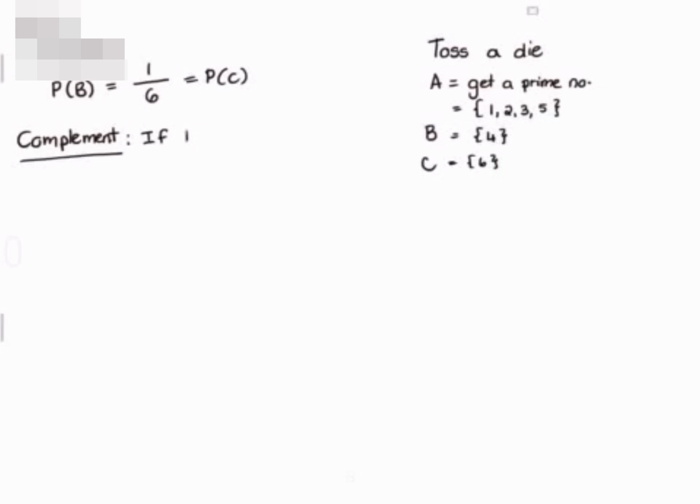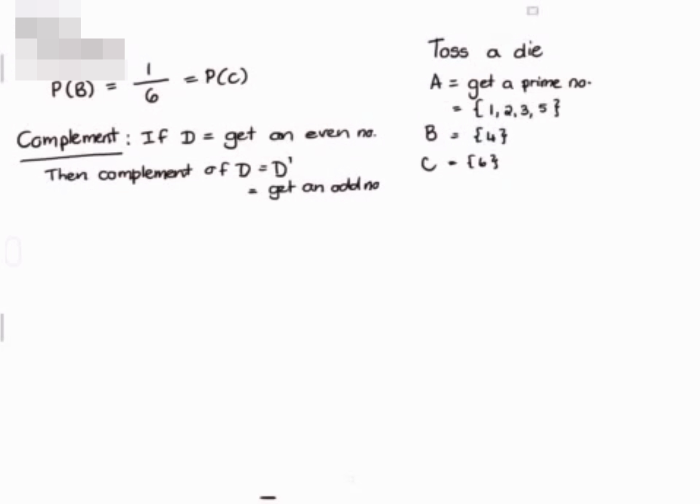If event D is get an even number, then the complement of D you write as D with a little dash like that, and you read it as complement of D is get an odd number. Now that still doesn't exactly explain what I want to say.